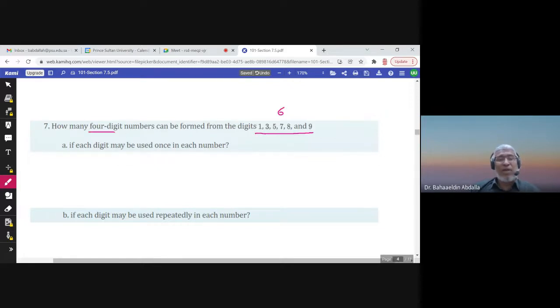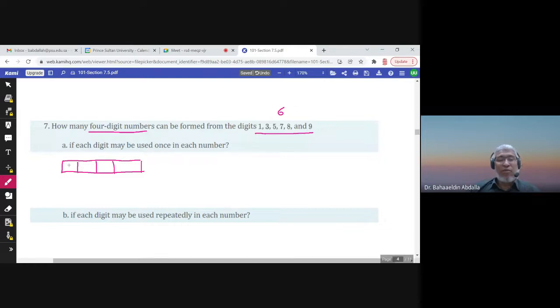And how many digits are there now? 4 digits. So we have 4 digits and 6 numbers to choose from. How many 4-digit numbers can be formed if each digit may be used once in each number?